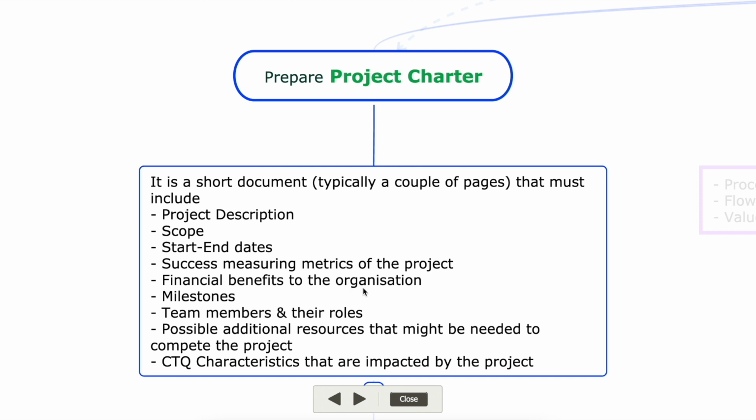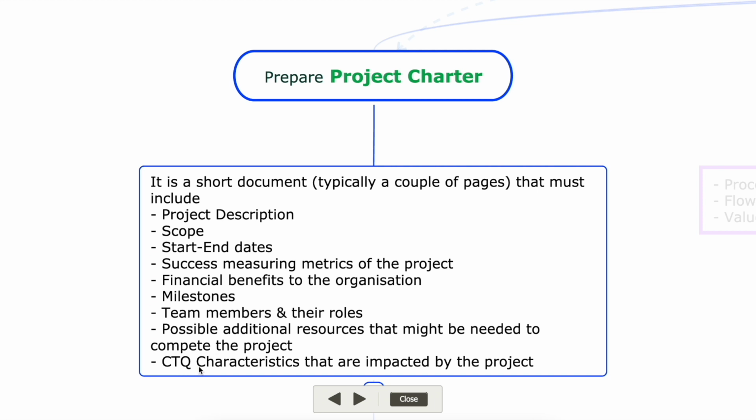The financial benefits to the organization of this project, milestones of the project, the team members and their roles in this project, and any possible need of additional resources for the completion of the project must also be included in the project charter.